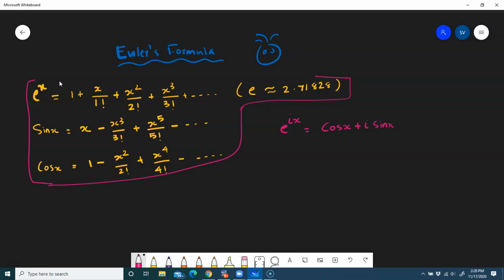How can we do that? Even though we have these expressions, without any loss of generality we can extend these definitions to complex quantities as well. So instead of writing x, I'm going to write z.